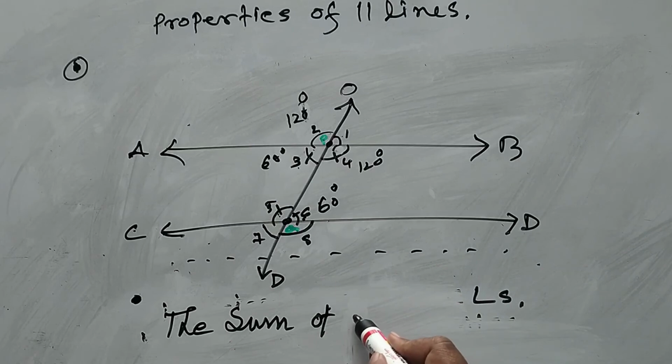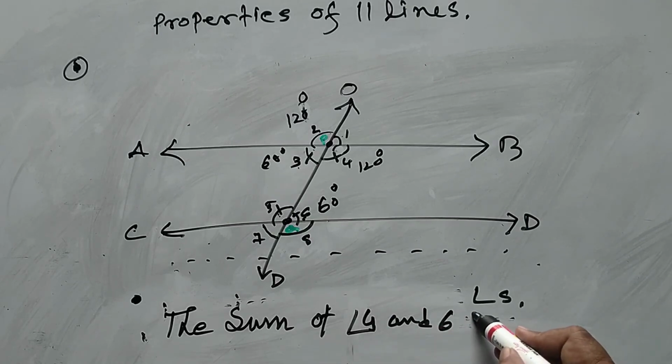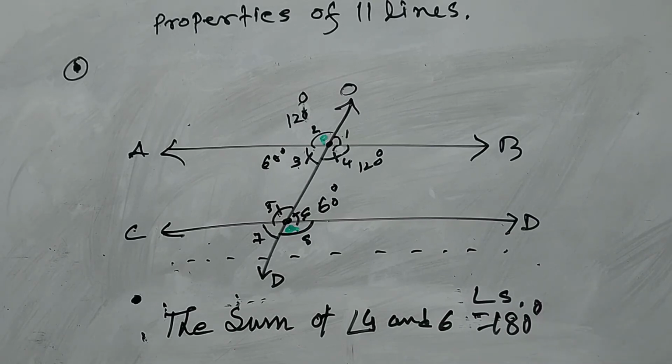Here angle 4 and angle 6 equals 180 degrees. Remember this point. They are co-interior angles.